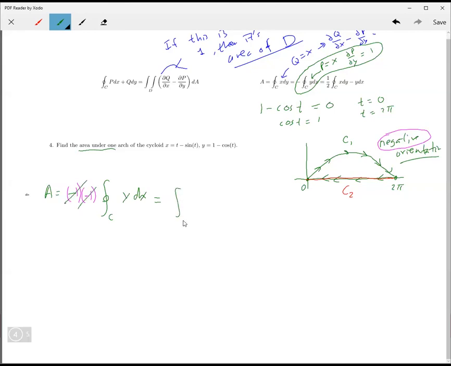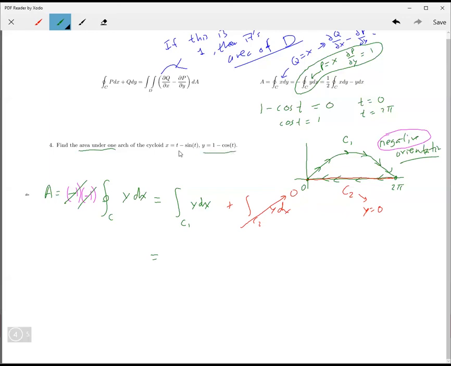And so you're going to get the integral over C1 of y dx plus the integral over C2 of y dx. Okay, but for this one, y is 0 for the whole curve. So that means that this is just going to be 0. That goes away. So we're only left with integrating over here.